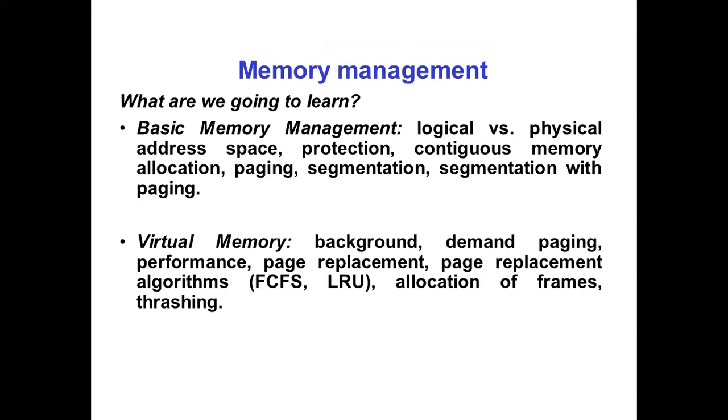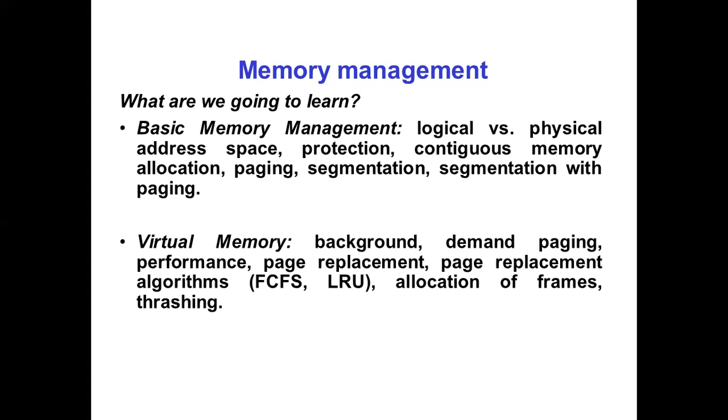So there is a logical address space and another called the physical address space. Now, how are we going to provide protection? What is contiguous memory allocation, paging, segmentation with paging? There are several methodologies which we will use during the management of memory.